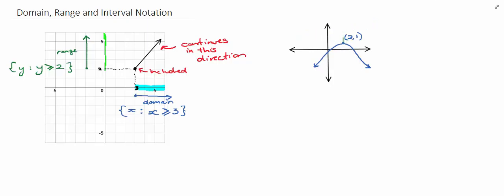Just having a look at another example, if we've got a graph that looks like this, we can see that our highest y value is at the maximum on the graph, so we can tell by the coordinates here that that is at 1. So the way we can write that is, I'll do that a little bit neater.